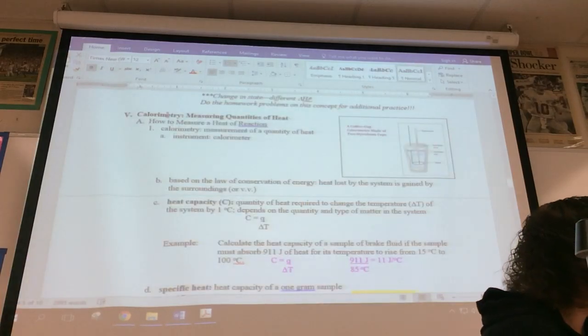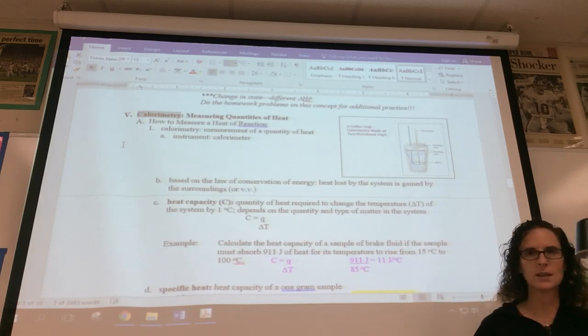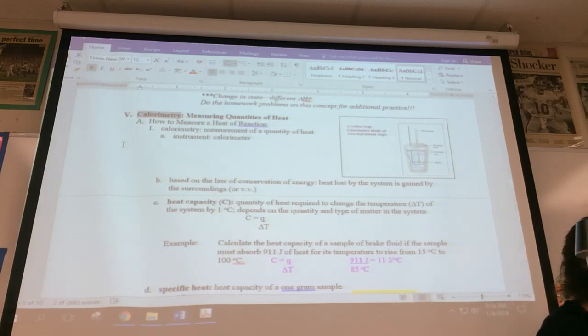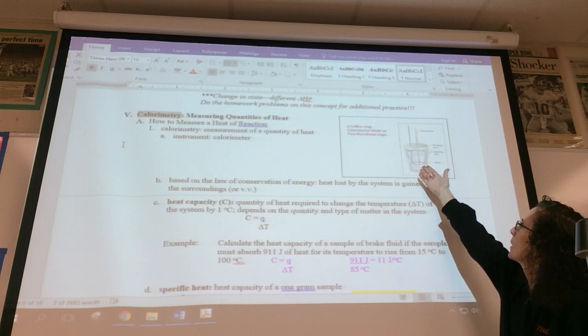We're going to pick up today with calorimetry, which allows you to measure quantities of heat. You will be doing a lab next week designing hand warmers where you will be using calorimeters. And calorimeters really are very, very simple. You can have fancy ones, or you can essentially have two nested styrofoam cups.